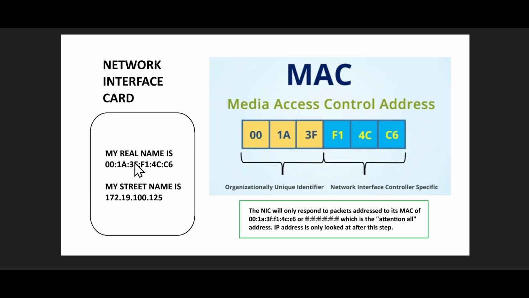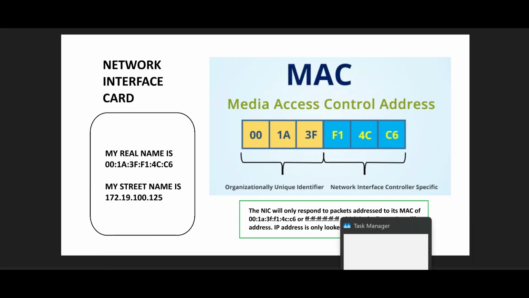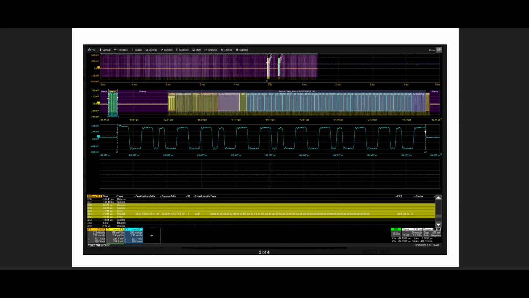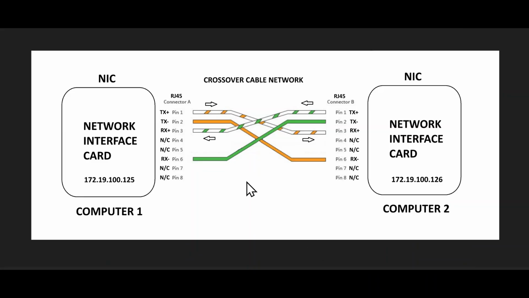Let me find the packet. Here we go. At the very beginning here, if it doesn't see that exact MAC address, it'll ignore whatever comes afterward. It'll pay no attention to it whatsoever. If it doesn't see all Fs or its name, no matter what information is contained later on, like the IP address, it's going to ignore that and not do anything with it at all.